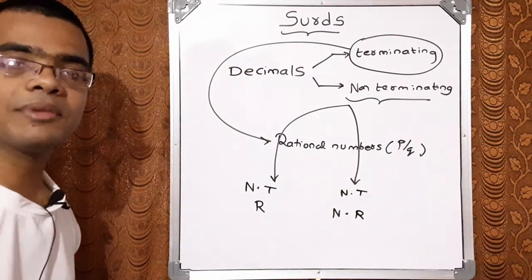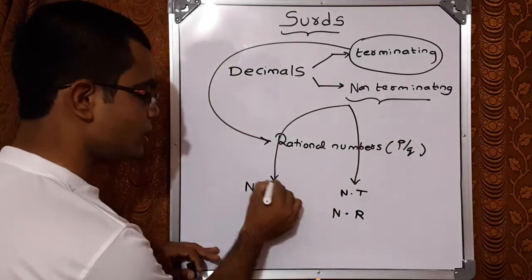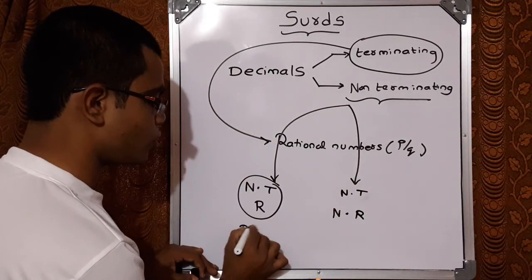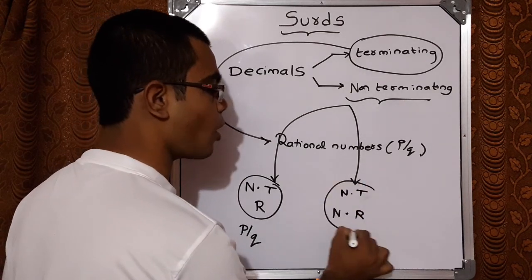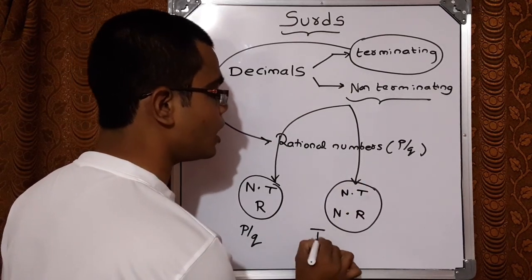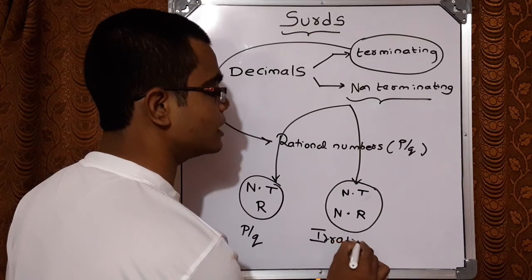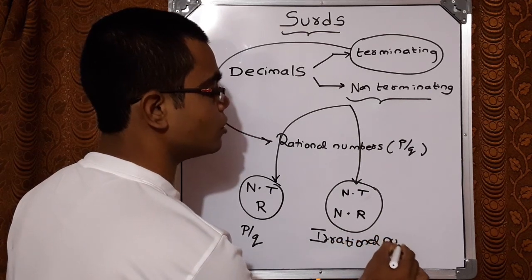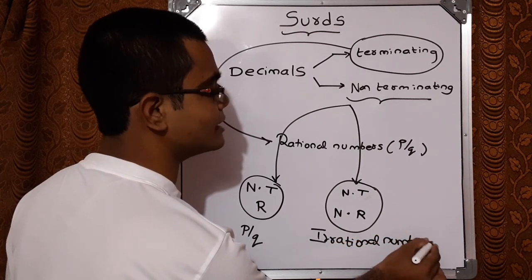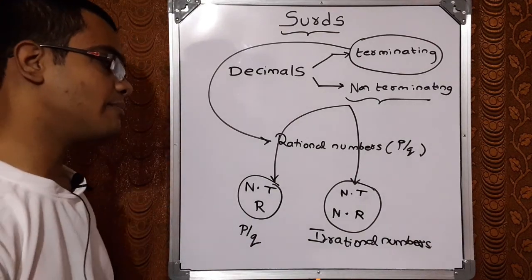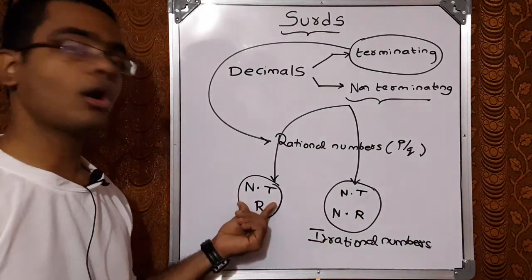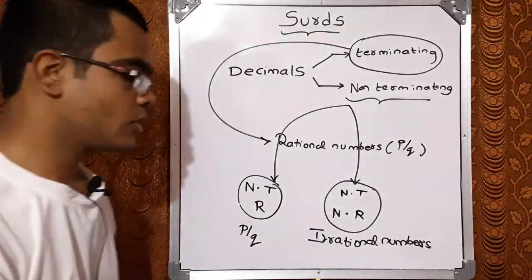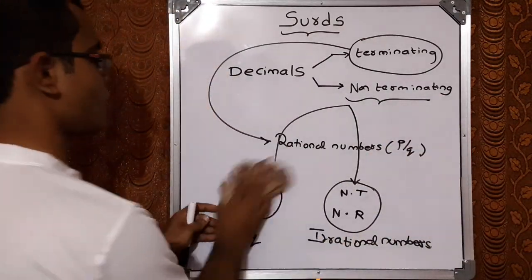So non-terminating repeating decimals, these can be written as p by q form, no doubt about them. And these non-terminating, non-repeating decimals are called irrational numbers. So let's have an example of what is non-terminating repeating and non-terminating non-repeating.